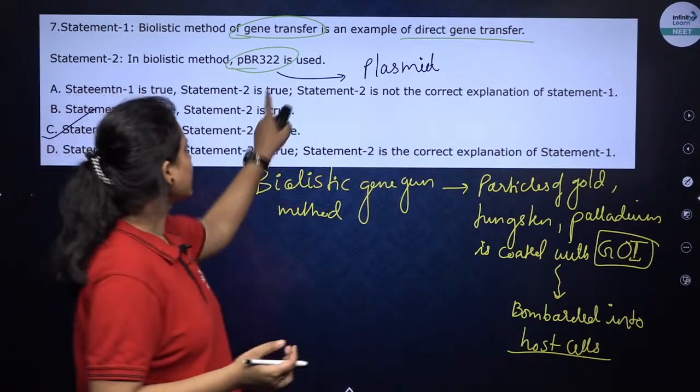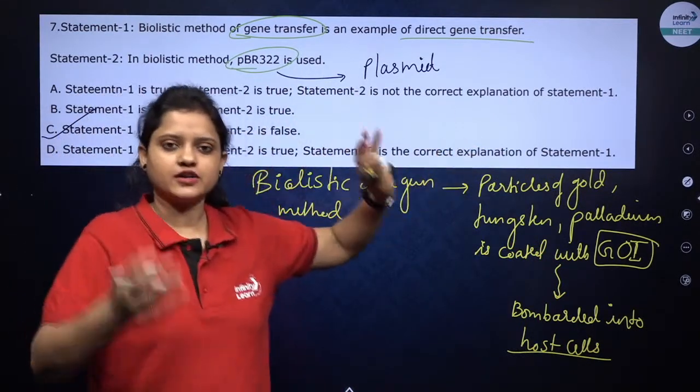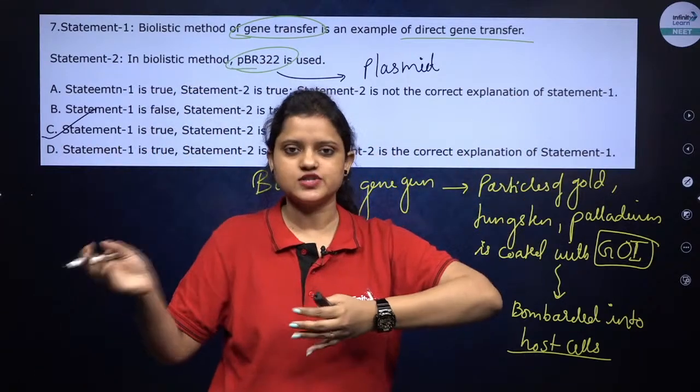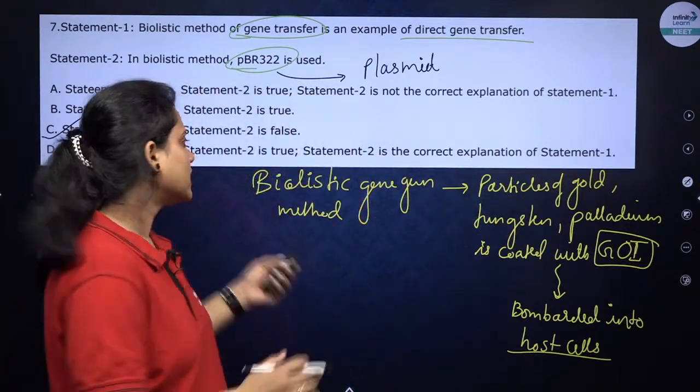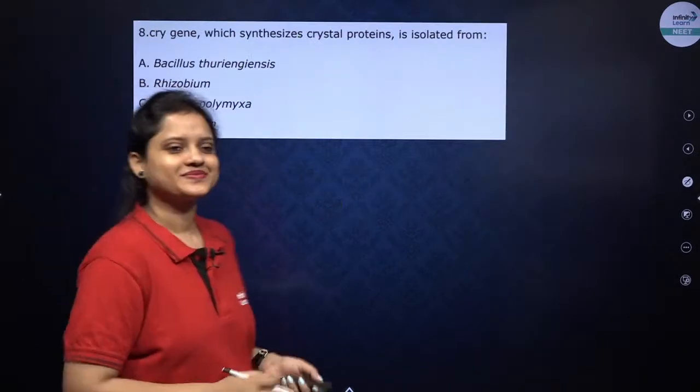But there is no requirement of the plasmid. We don't want a vector or carrier to carry our gene of interest. So the second statement is incorrect. Correct option was C.